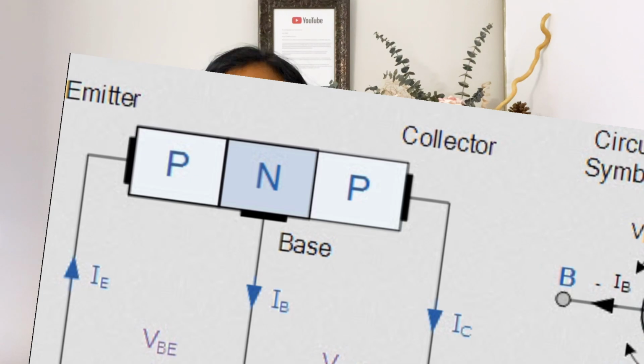The base is the part connecting the emitter and the collector, and the base is always lightly doped. To make the transport of the carriers easy, the doping of the base is always kept very low. So the base is lightly doped.